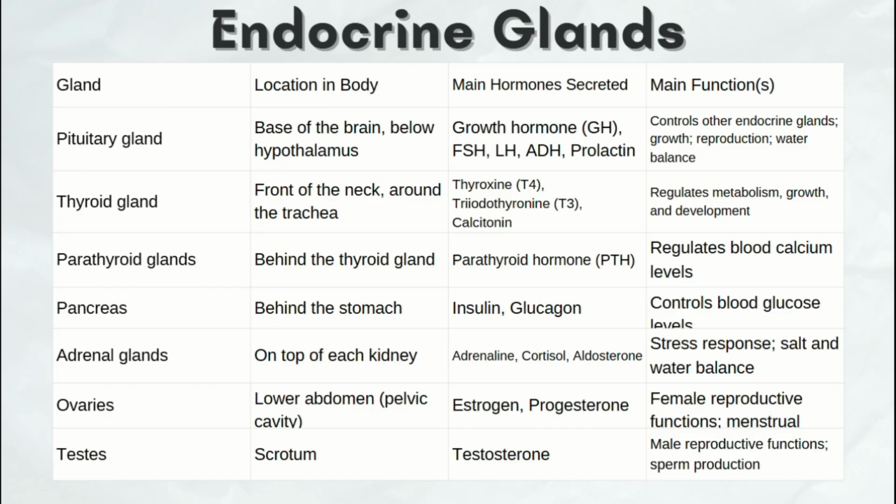We know about insulin and people who have diabetes, and insulin and glucagon all play a role in regulating blood sugar. When it gets too high, insulin is produced. When it gets too low, we secrete glucagon, which brings the blood sugar level back up.